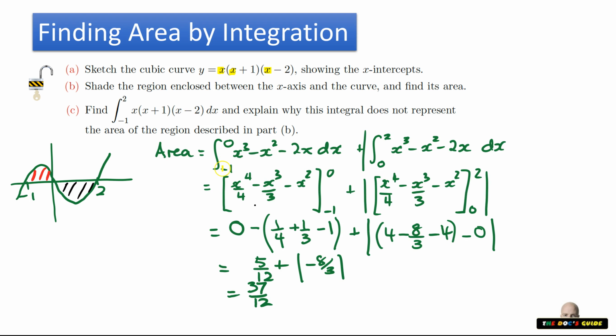We're going to have an integral from minus 1 to 0 of our curve. This is just the expression multiplied out, because as you know we have no product rule. And then we take the absolute value of the integral from 0 to 2, because we can see that it's negative on our diagram.